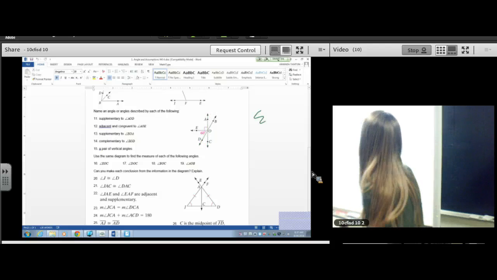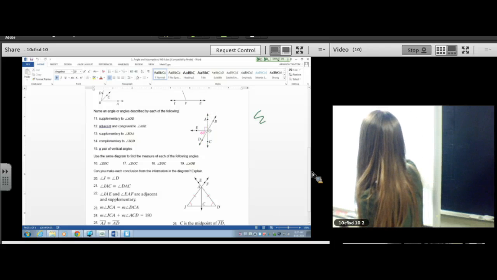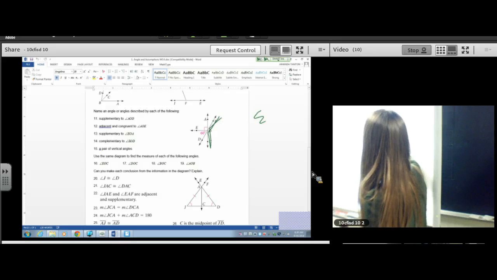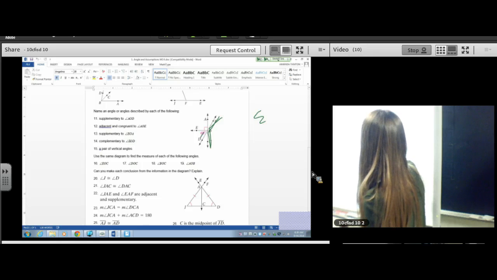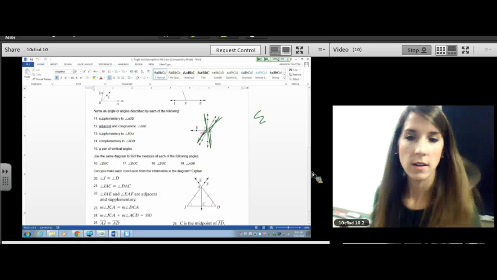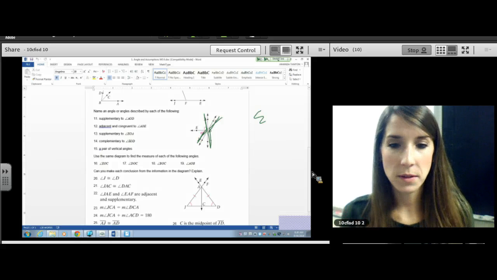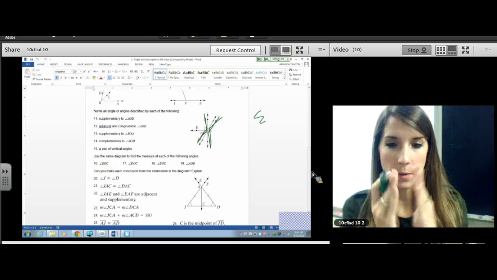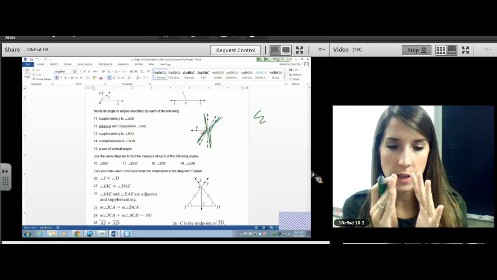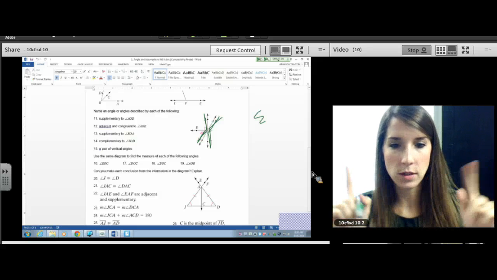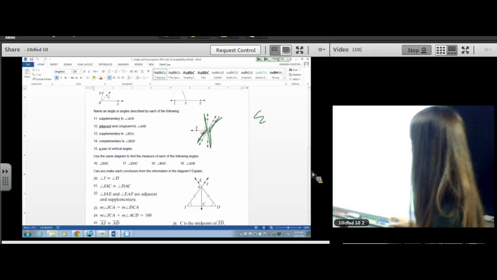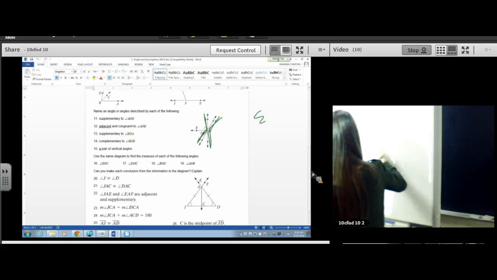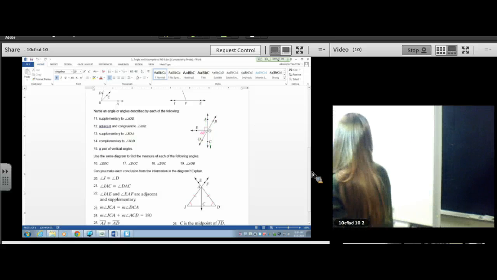Another pair of vertical angles would be BOC and AOD. Sorry, that's kind of ugly. Those huge ones, BOC and AOD. So you can pick the two acute little ones, or you can pick the huge obtuse ones that are the linear pair of the acute ones. Okay? So that was number 15, vertical angles. And remember, vertical angles are always congruent.